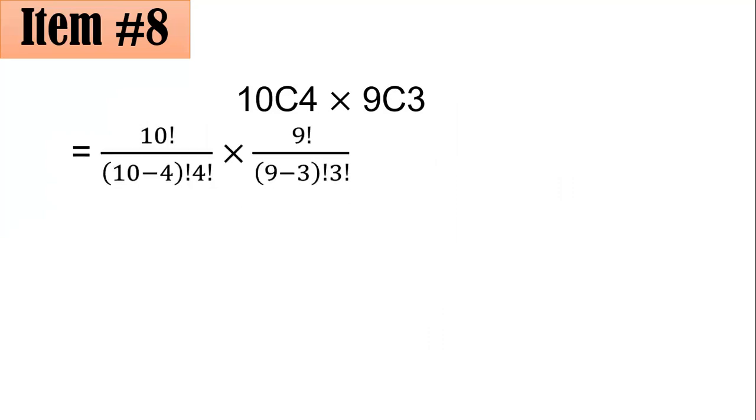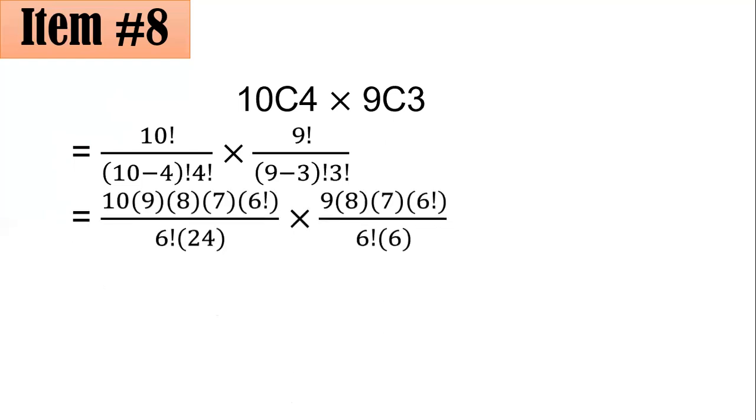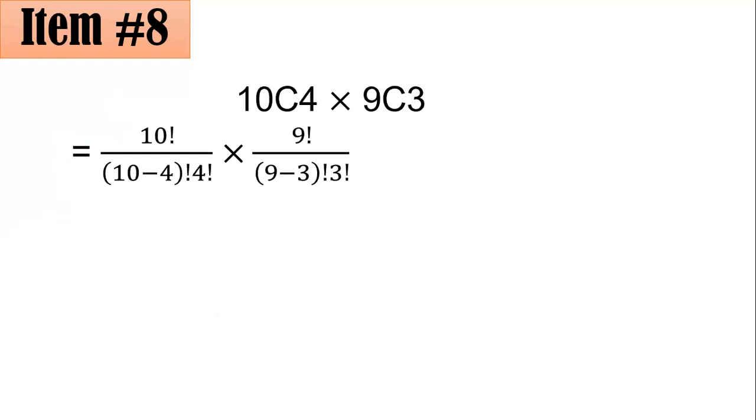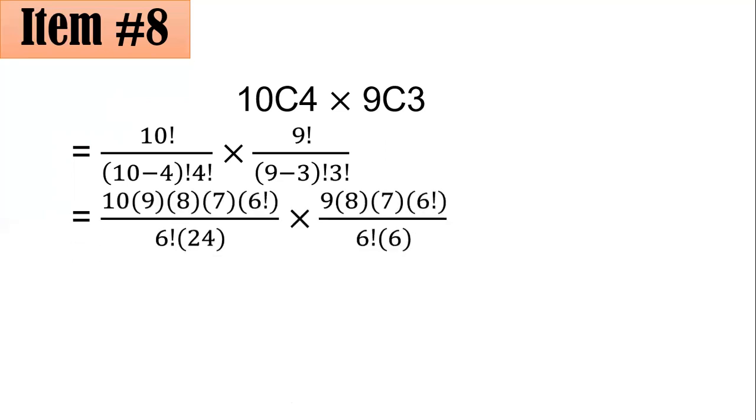So by utilizing the combination formula I presented earlier, this simplifies to 10 factorial all over 10 minus 4 factorial times 4 factorial times 9 factorial times the factorial of 9 minus 3 times 3 factorial. And with such, you arrive to this expression. You could see from the first expression that the 6 factorial could be divided from both numerator and denominator.